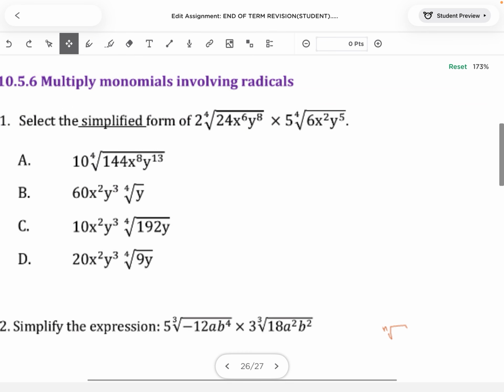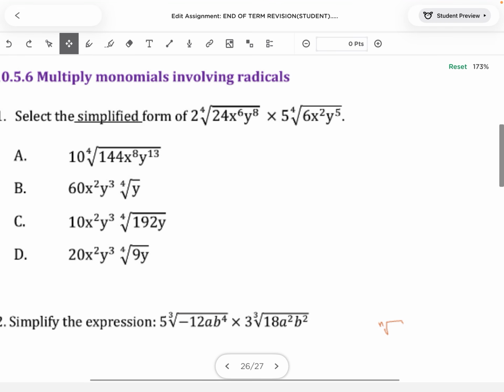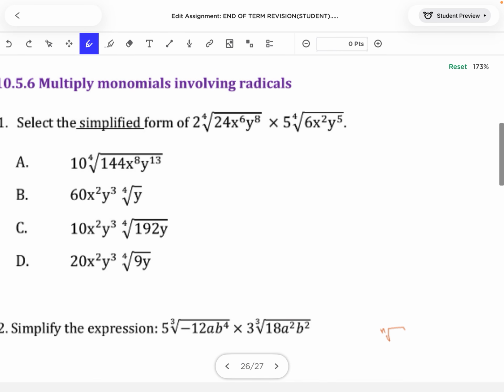Now this one, I consider it as one of the hardest questions in the whole worksheet. Simplify. 2 times 5 is 10. Fourth root of 144x to the power 8, y to the power 13. And we have the same idea like this one.